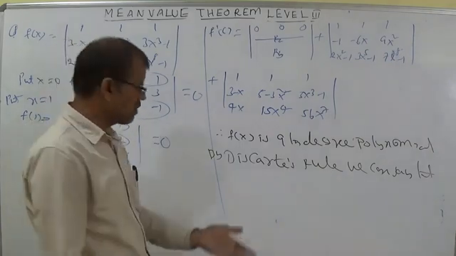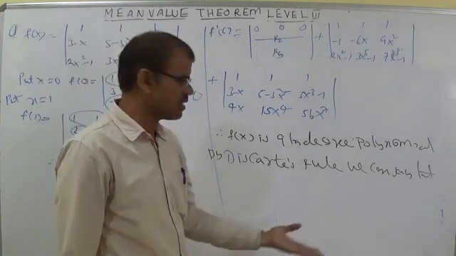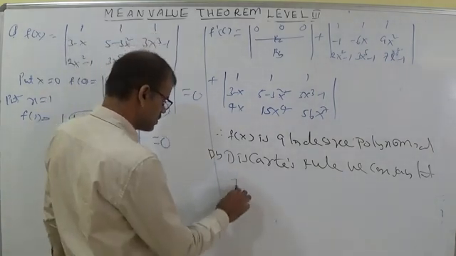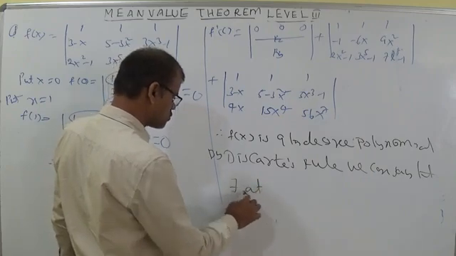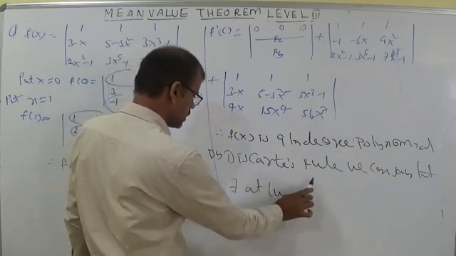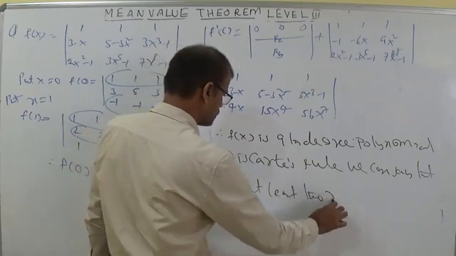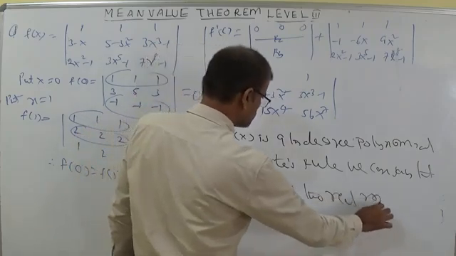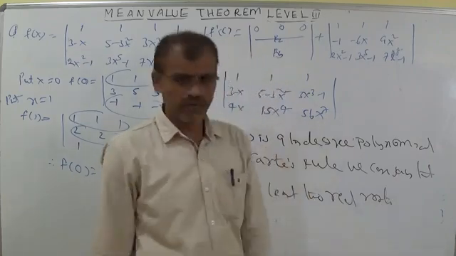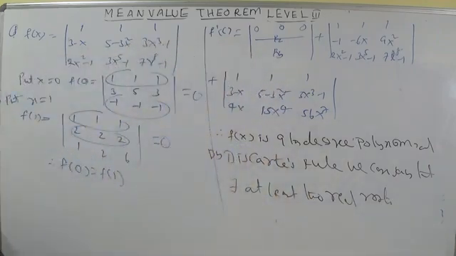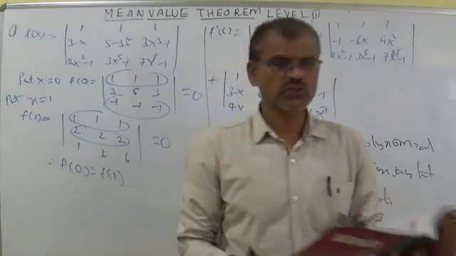Other than 0 and 1, maybe one more root may be there. Then we can say that at least 2 real roots exist for f of x. At least 2 real roots, that's all.